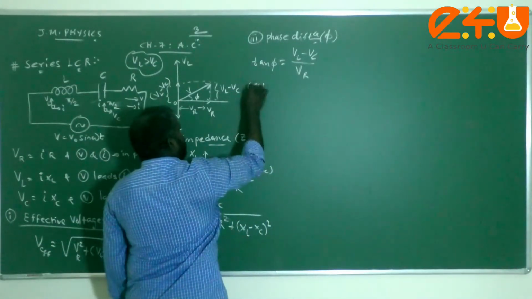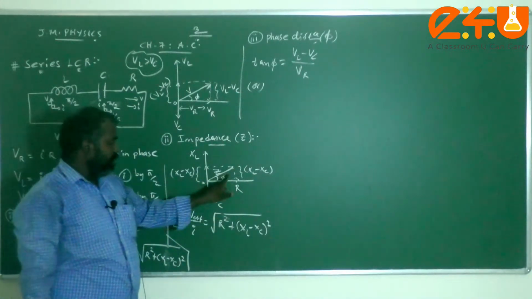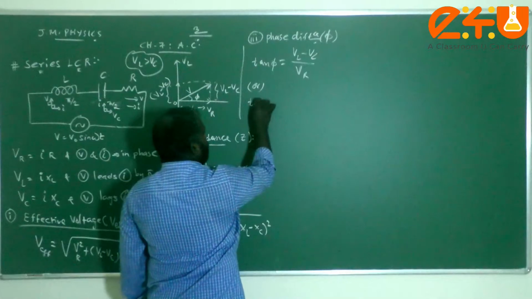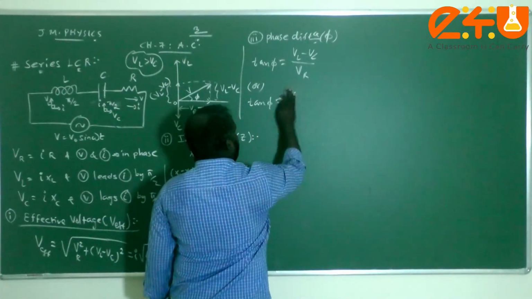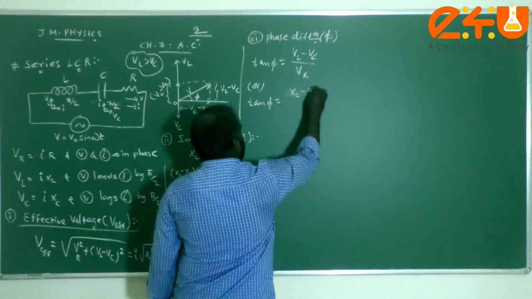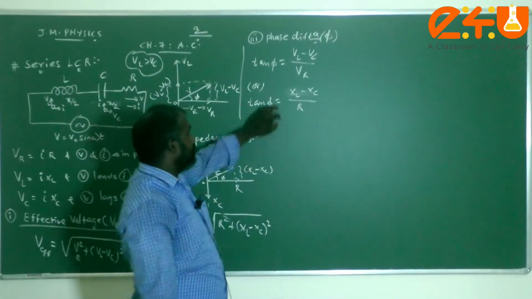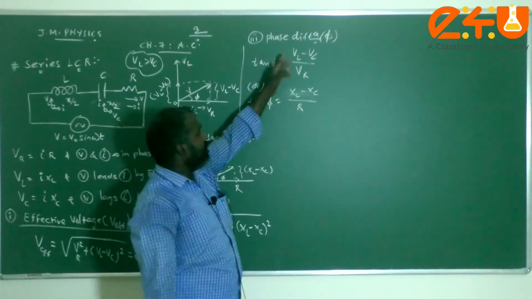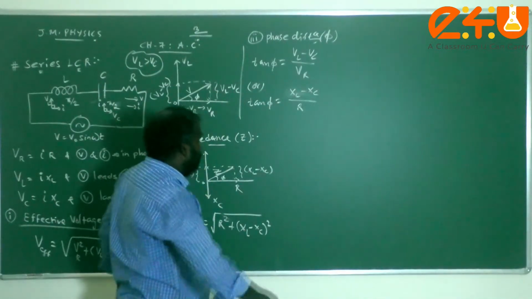The same can be written as tan phi is equal to XL minus XC divided by R. So from this we can say that phi is equal to tan inverse of that, and from that you can get the phase difference between current and the effective voltage in the circuit.